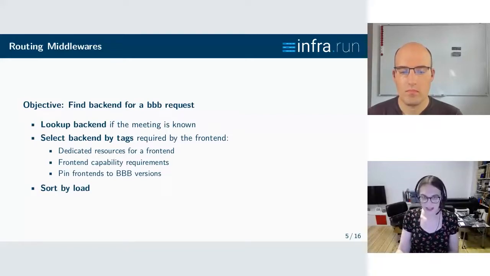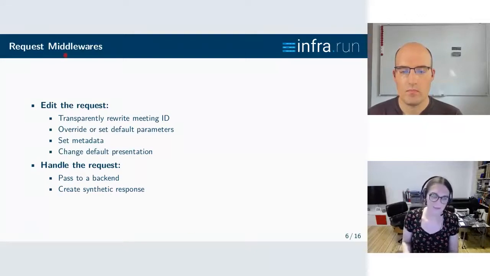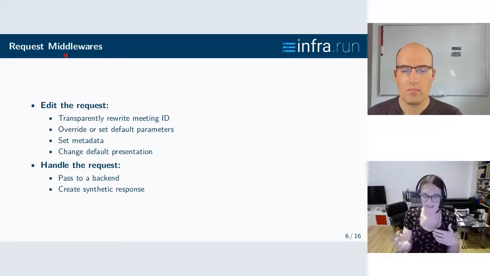The other middleware chain is the request middleware chain. It is basically always these chain functions taking a request, rewriting, for example, parts of these requests, setting new parameters, overriding parameters.